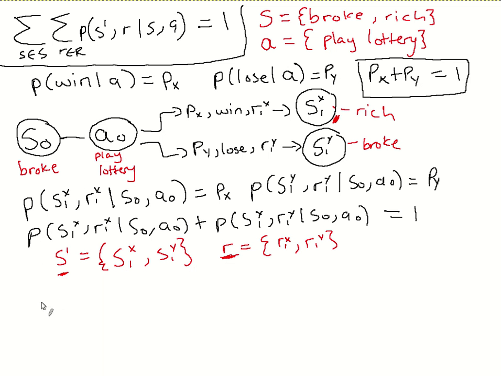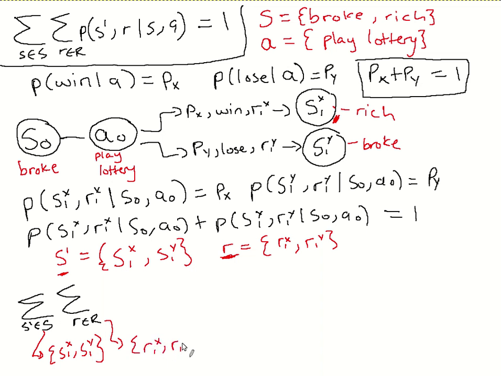That means if we sum through all possible states S prime, which are an element of S, which we said consist of S1x and S1y, if you remember, it's right here, and if we sum through all possible rewards, which again we defined as R1x and R1y, so if we sum the probabilities of S prime, R, which is the same as S1x, R1x, S1y, R1y, given some initial state S, A, these probabilities should be equal to 1.